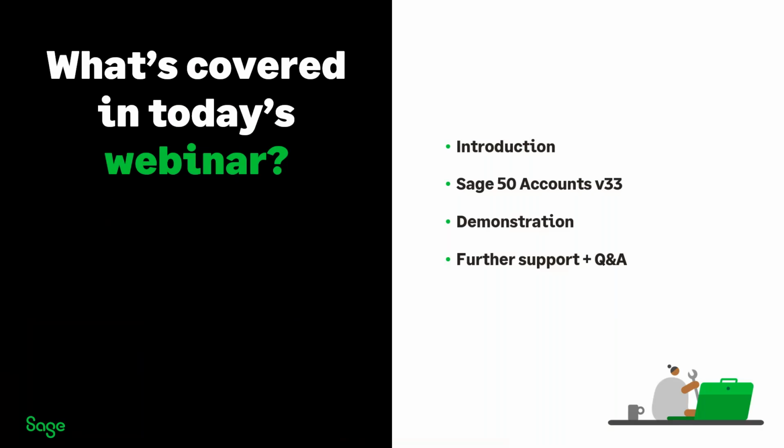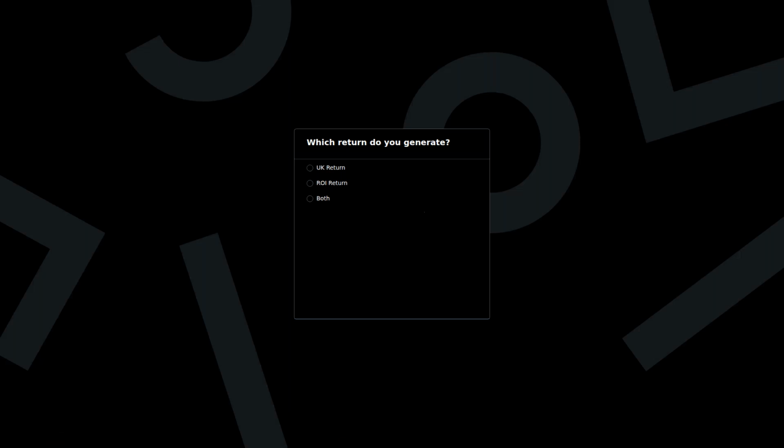Before we do that though, I'm going to pop a poll on your screen. Let me just find that. I will pop that poll on your screen now. Quick question for you: which return do you generate? Is it a UK return, is it an Irish return, or do you do both?